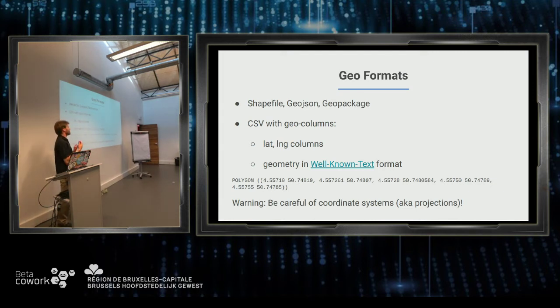Or if it's not a point but more of a shape, a line, a polygon, something like that, then there's actually a standard way of representing shapes in a text format. That's called the well-known text format. There's a binary version of it, but don't worry about it.